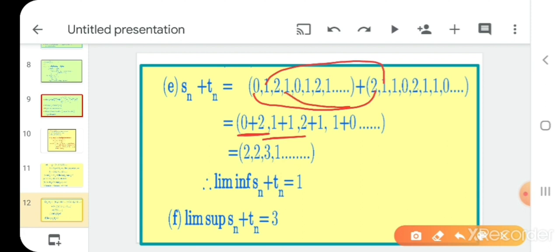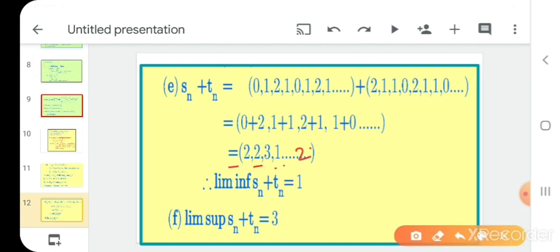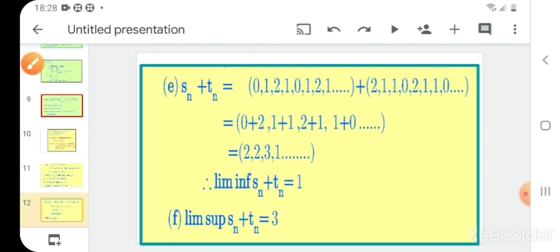Similarly, third term with the third term. What is the third term here? 2. What is the third term in this? 1. Therefore 2 plus 1. Next 1 plus 0. So what we get here? 2, 2, 3, 1. Next 2, 2, 3, 1. Next 2, 2, 3, 1 and so on. These are the elements of Sn plus Tn.